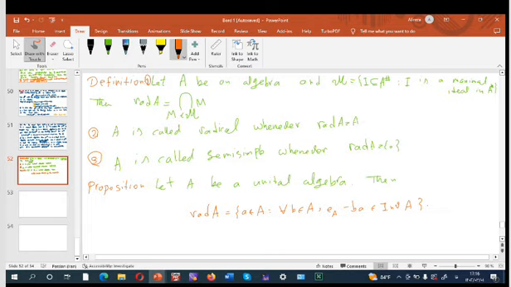A is called radical whenever this set equals the whole of A, and A is called semi-simple whenever the radical of A equals 0 only. Now we have this proposition: the radical of A equals the set of all a such that for each b, e minus ba is an invertible element in A.